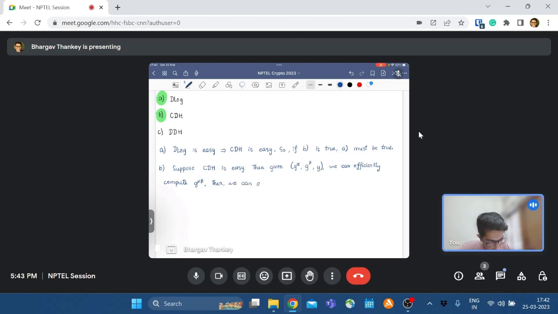Then we can query the random oracle H at g^(alpha beta) and check if H(g^(alpha beta)) equals Y, right?